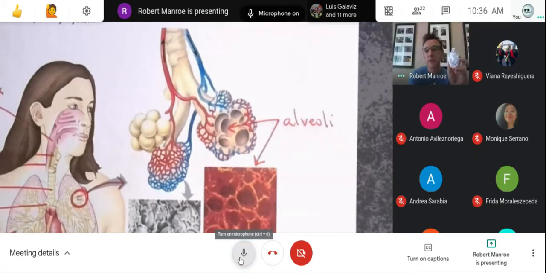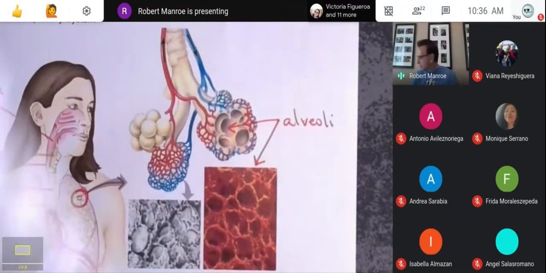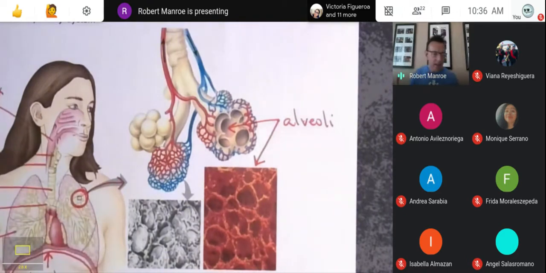Is it smooth? No, it's rough. It's highly, highly, highly porous. Okay. So I want you to see that whether you're talking about the surface of the brain, the cristae inside of the mitochondrion, the alveoli inside of the lungs, or the villi and the microvilli inside of the small intestine, surface area. It's a fundamental concept in biology.